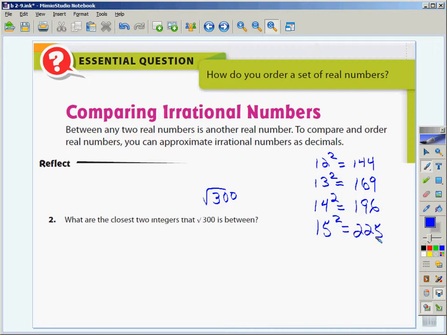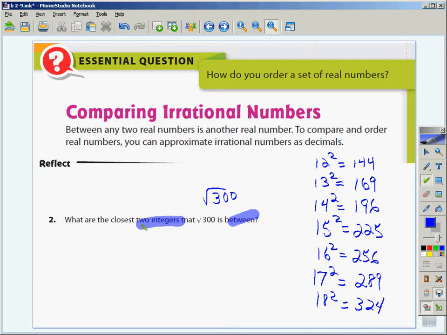I'm still not there yet, am I? 16 squared. What is 16 squared? What is 17 squared? And 18 squared? 324.